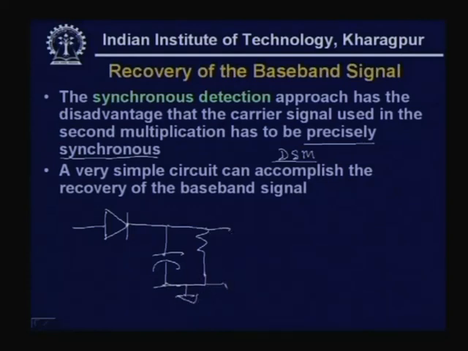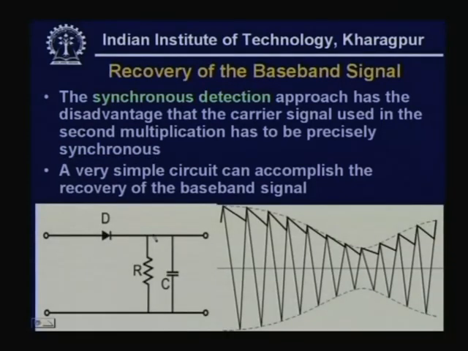Here you apply the modulated signal, and across this you will get back the baseband signal. This type of simple circuit can be used if we use the DSB signal. That means there is no need for synchronous detection. A diode, resistor and capacitor combination can be used to get back the original signal.